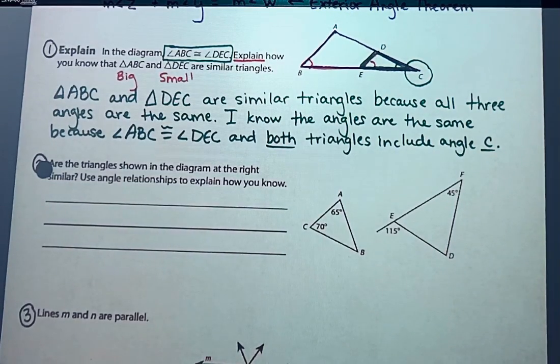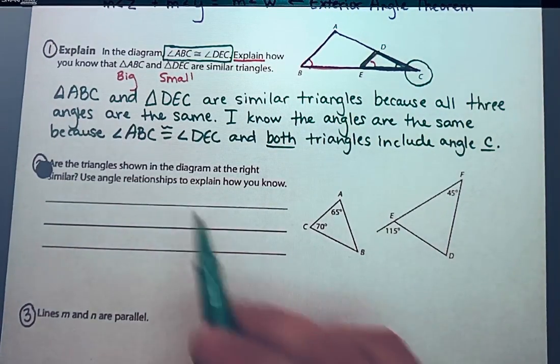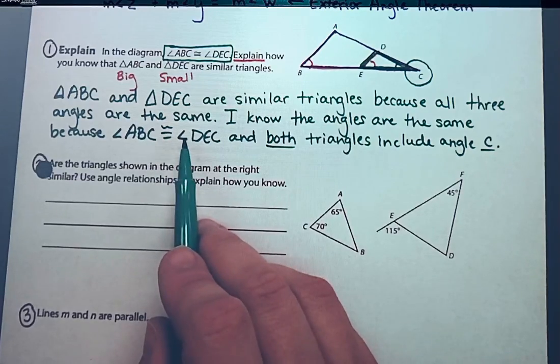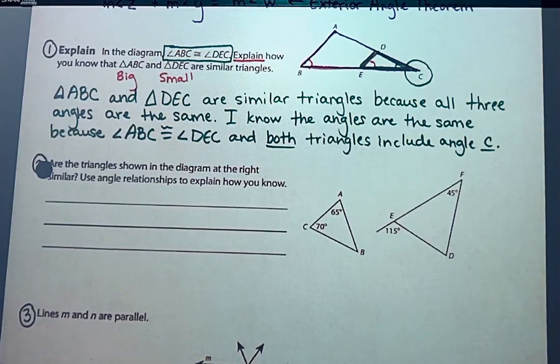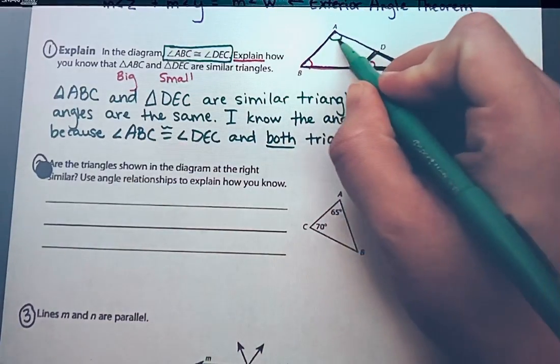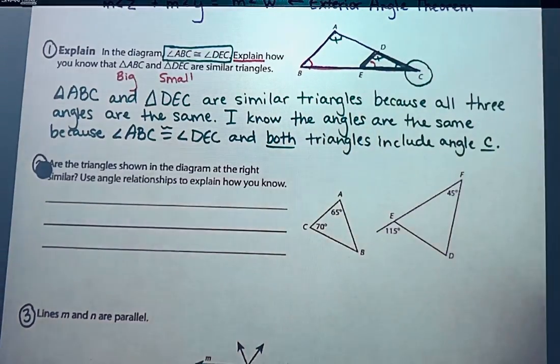Because both triangles include angle C, not only are these two angles the same, but angle C is also the same, which means this top angle here and here must also be the same, meaning all three angles are congruent to each other.